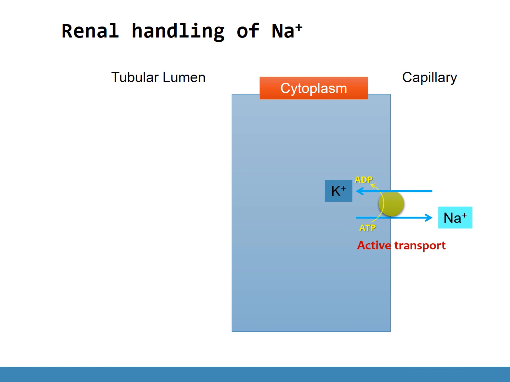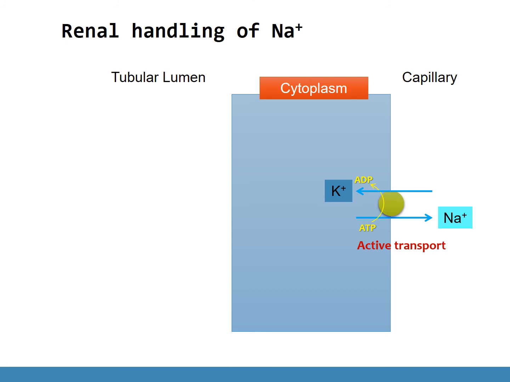Whether you're talking about the proximal tubule, the loop of Henle, the distal tubule, whichever part of the tubules, this is a global phenomenon. The sodium-potassium ATPase pump working at the basolateral surface actively reabsorbs sodium into the blood, causing an electrochemical gradient within the cytoplasm so that sodium can move from the tubular lumen into the cytoplasm.